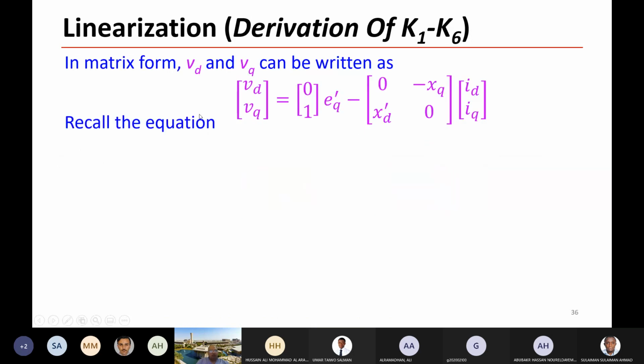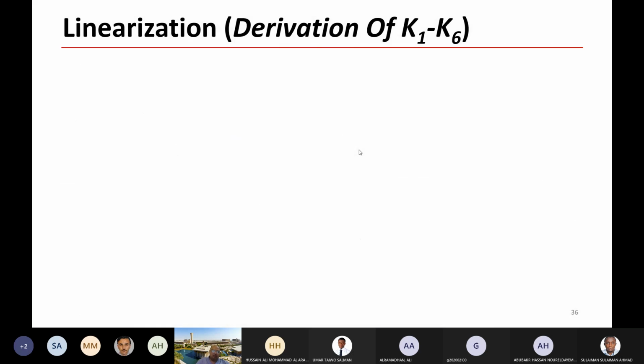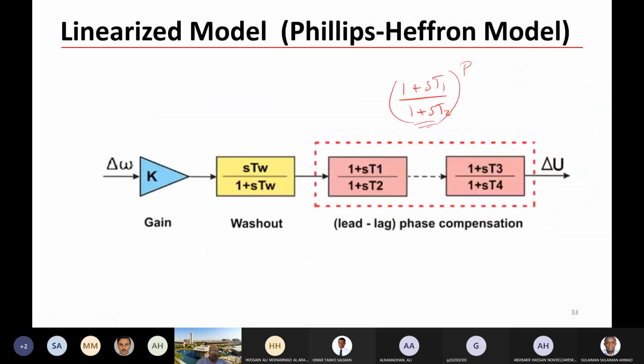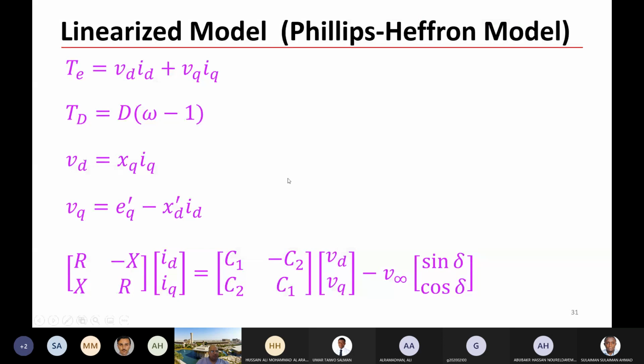So in matrix form, you can express Vd equal to Xq Iq. This is Vd, an algebraic equation from that model. And Vq equal to Eq prime minus Xd prime Id. And this is also another algebraic equation in this model. It is not a problem.